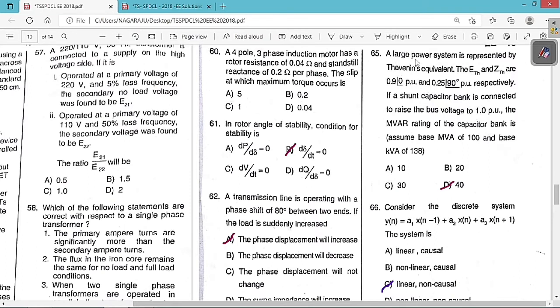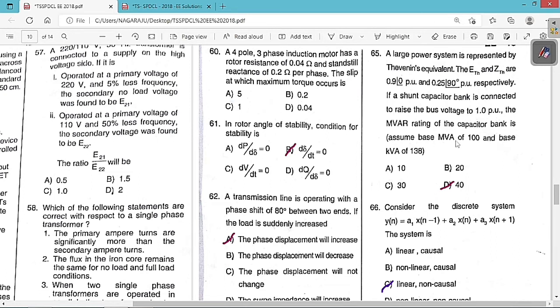See the question here. A large power system is represented by a Thevenin's equivalent. The ETH and the ZTH are 0.9 at an angle of 0 per unit and 0.25 at an angle of 90 degrees per unit respectively. If a shunt capacitor bank is connected to raise the bus voltage to 1 per unit, the MVAR rating of the capacitor bank is?